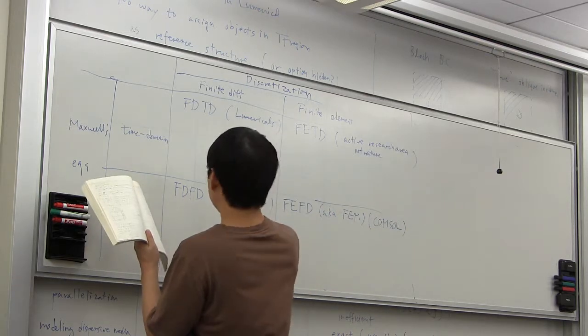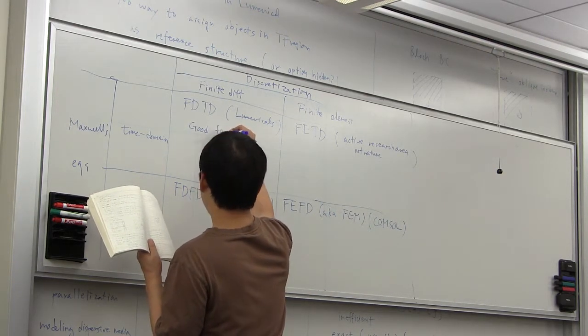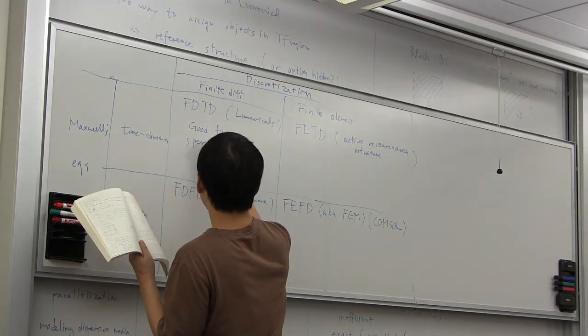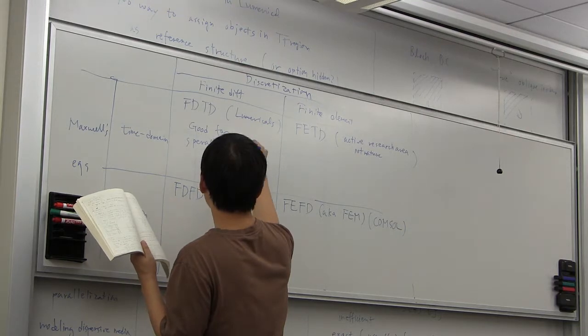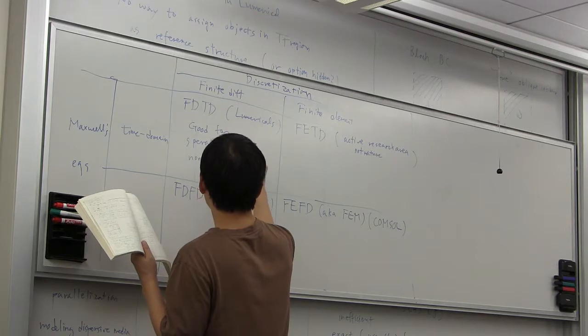So FDTD is good for spectral response and nonlinear optics.